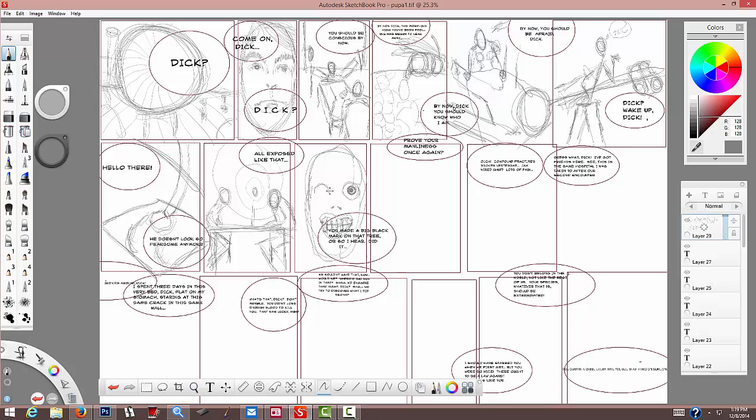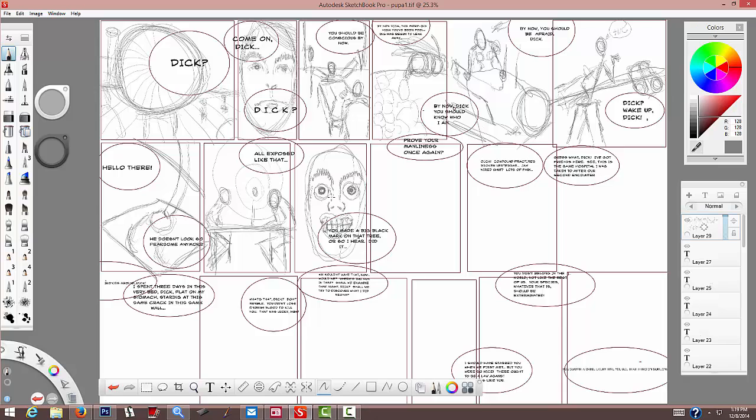And so this is Dick, good old Dick. Let's see, he should have an actual nose, because he's not a girl. Girls usually don't even draw their nose for some reason, I don't know why.